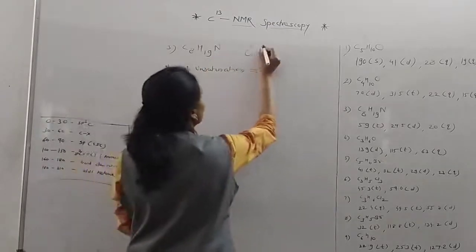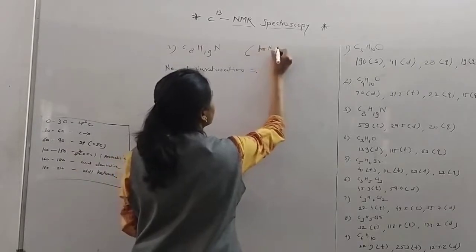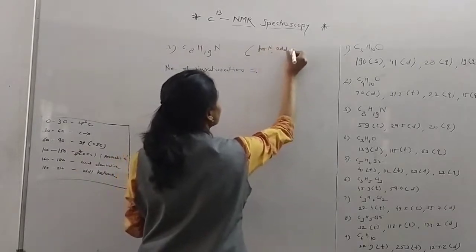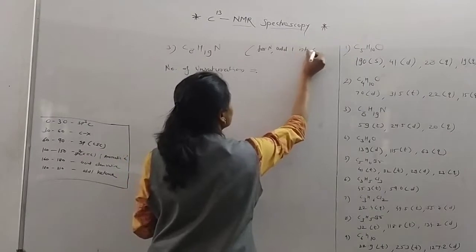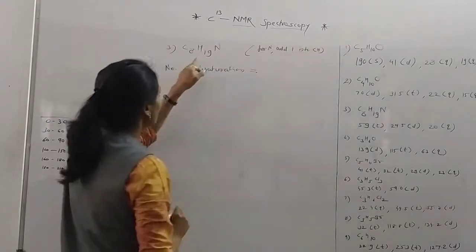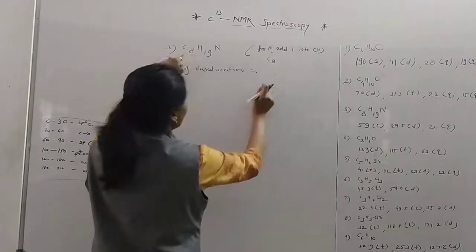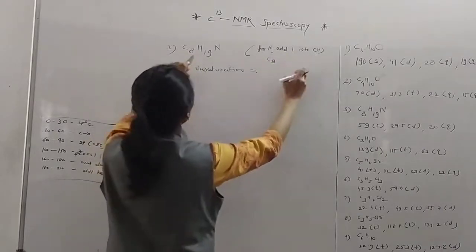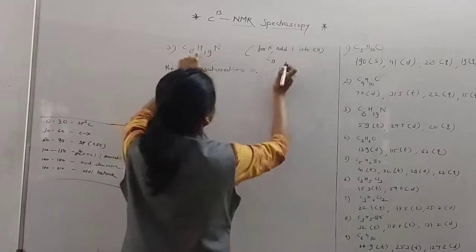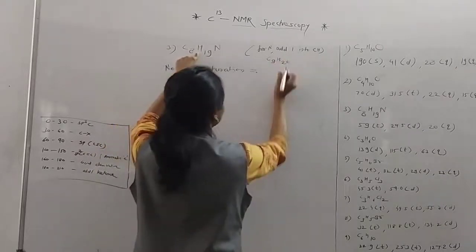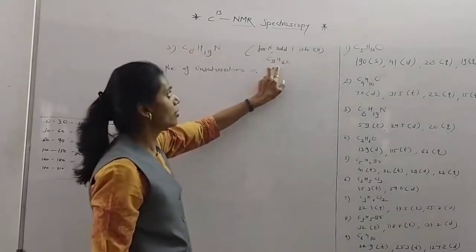Okay, for nitrogen add 1 into CH. Now its molecular formula becomes C9, as we add 1 in carbon and 1 in hydrogen, that means H20. This is the molecular formula.